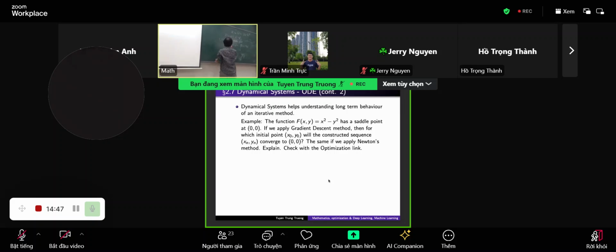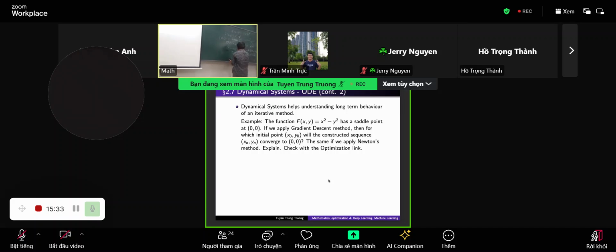Now if you apply gradient descent to the point (x, y), with step size alpha, the gradient is (2x_n, minus 2y_n). So it becomes x_{n+1} equals x_n minus 2 alpha x_n, and y_{n+1} equals y_n plus 2 alpha y_n.